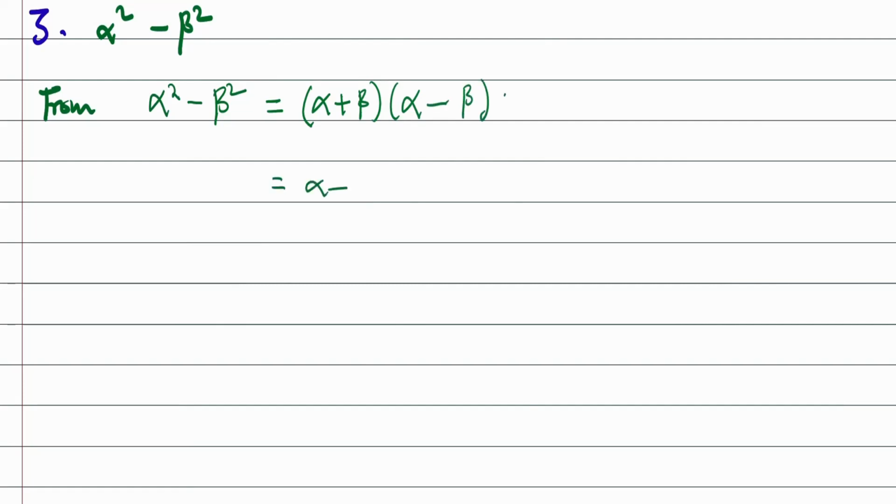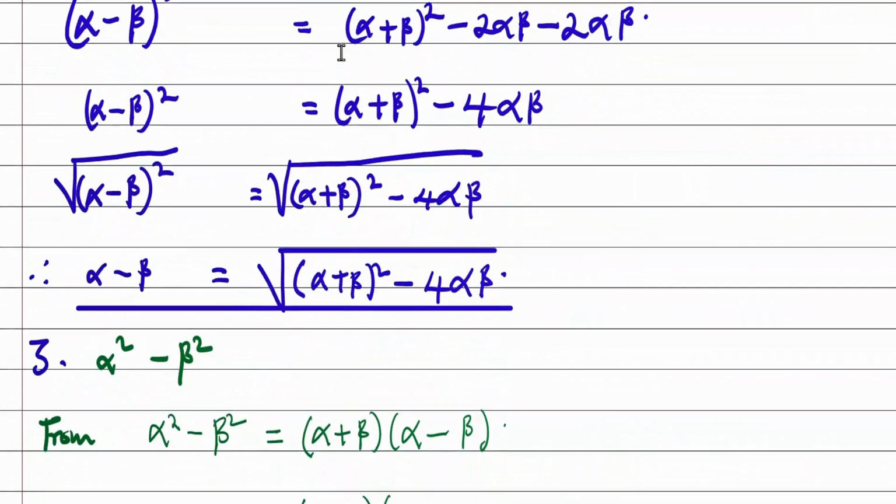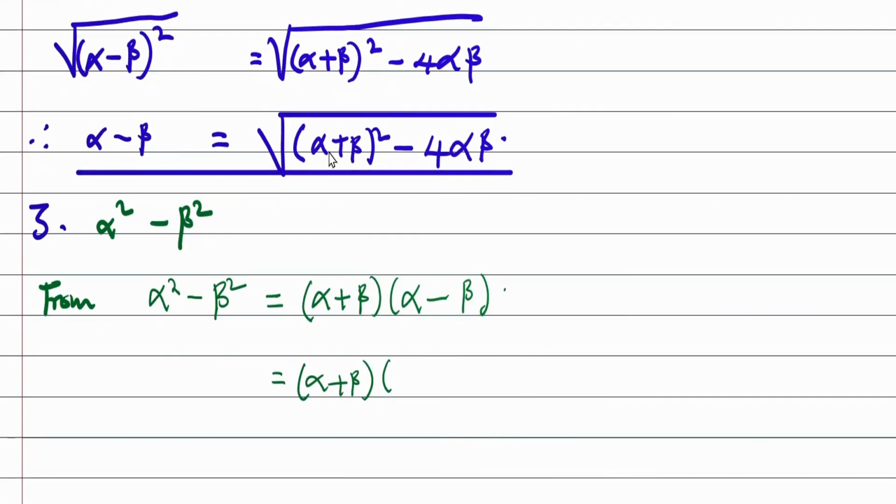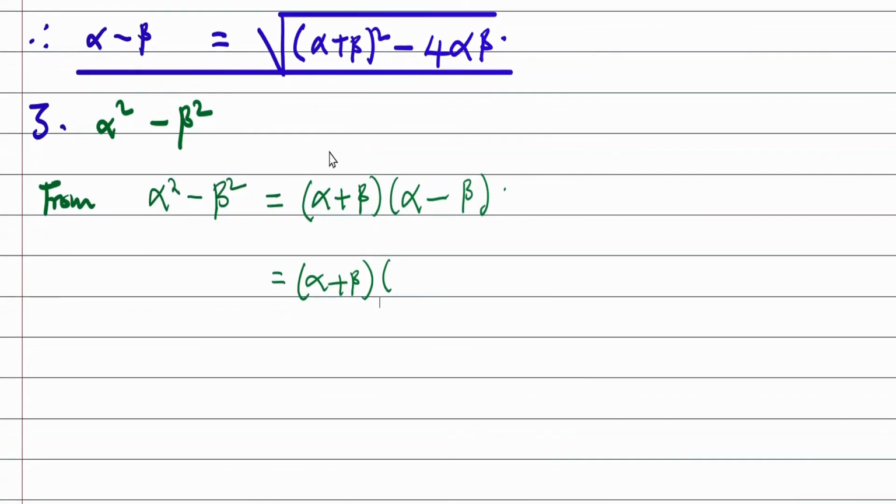So we have alpha plus beta, this is already in the sum, into, remember, from our number 2, we have alpha minus beta being equal to that. So it's just a matter of substituting. So multiplied by the square root of alpha plus beta, but squared, minus 4 alpha beta.